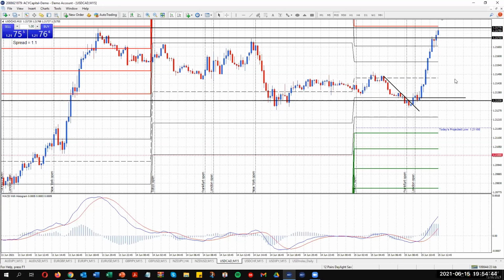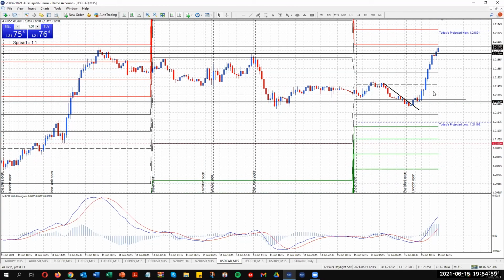So that would actually be a risk reward of 1 to 4 if you use that as a target for your trade. All right, so you must have a target of at least a risk reward of 1 to 2. But in this case, if you're only risking 10, today's projected high is going to come in all the way up here at 121.89 approximately. That's 55 pips up from your entry.